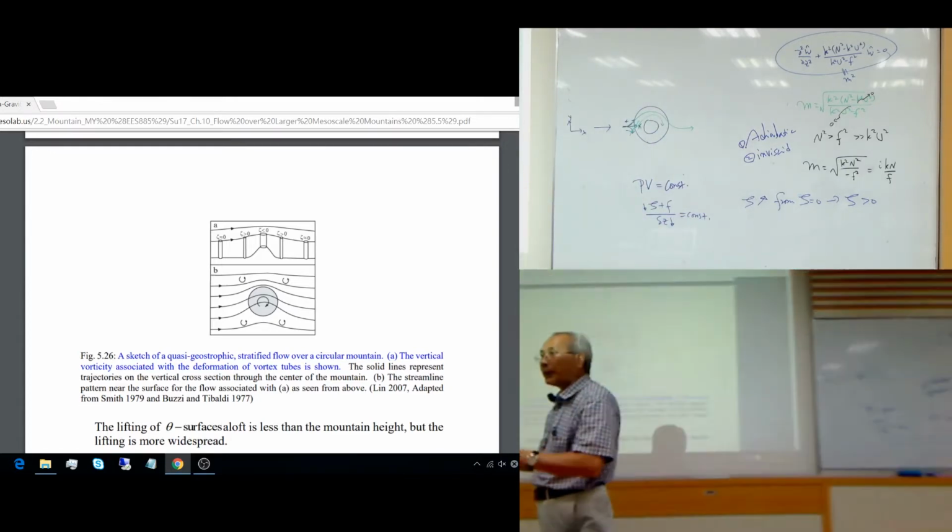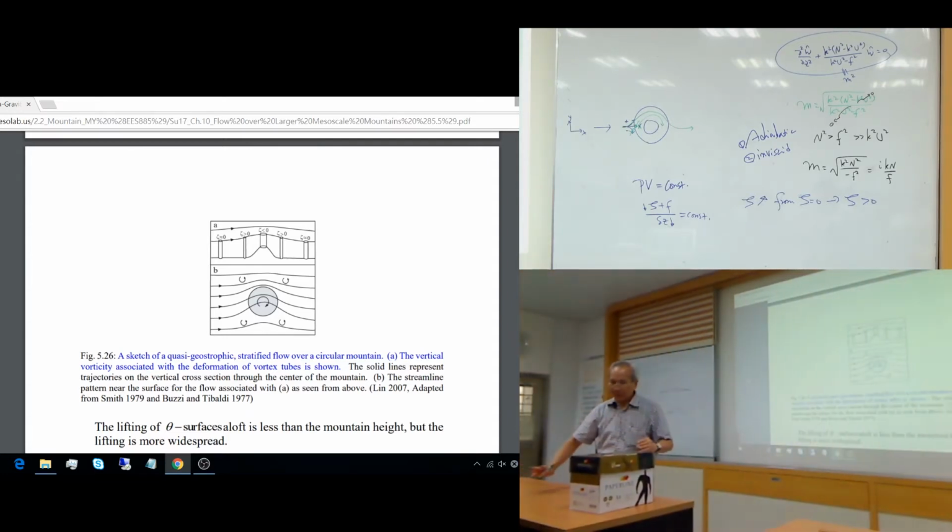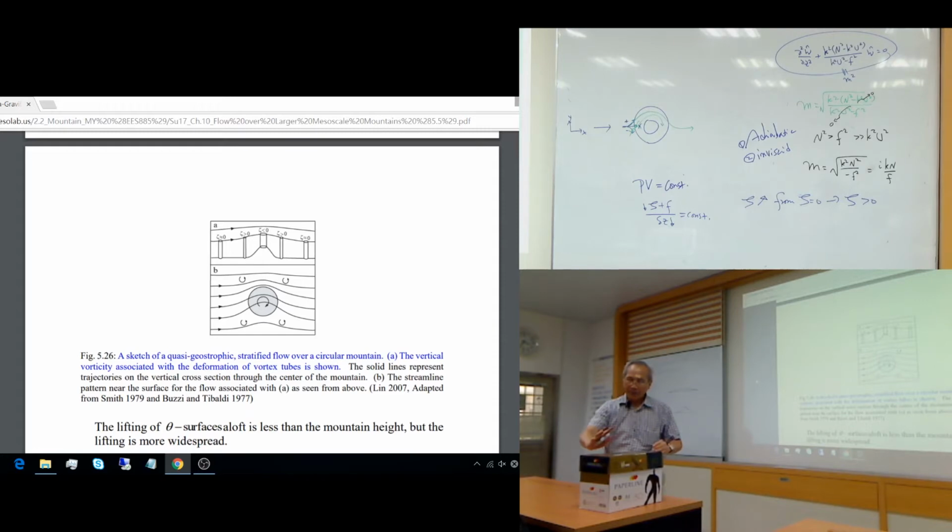And the other way to view this is, when you have flow coming up, here becomes colder. Why?